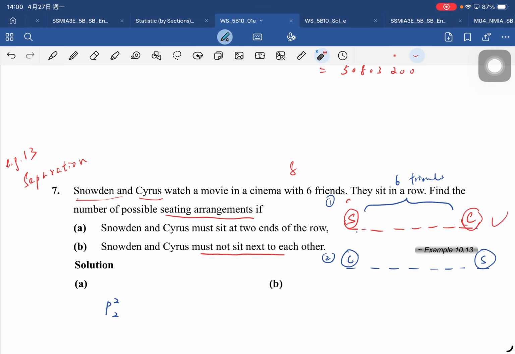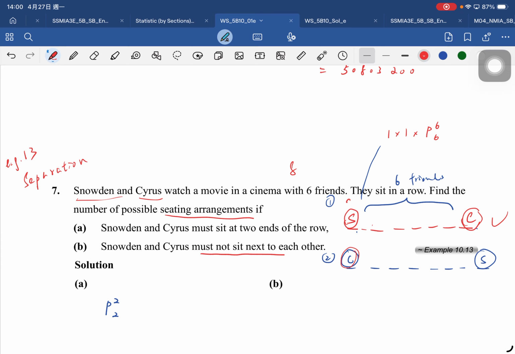But maybe someone asks, can you just consider the first case and say that one first? You can. Because they must be placed here, you need not select, so 1 times 1. How about the middle one, the 6 friends? You need not select them. You can say 6 factorial or 6P6. So this is the first case.